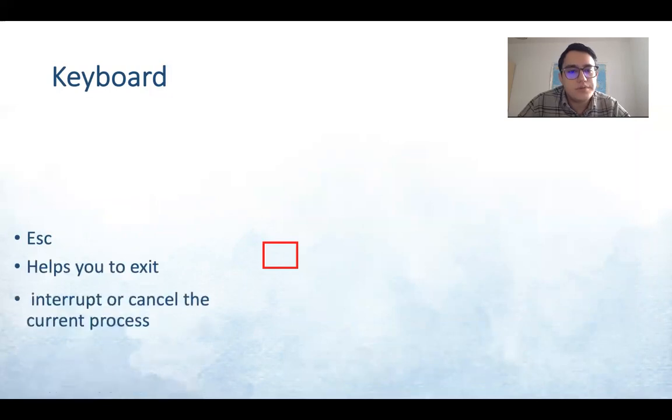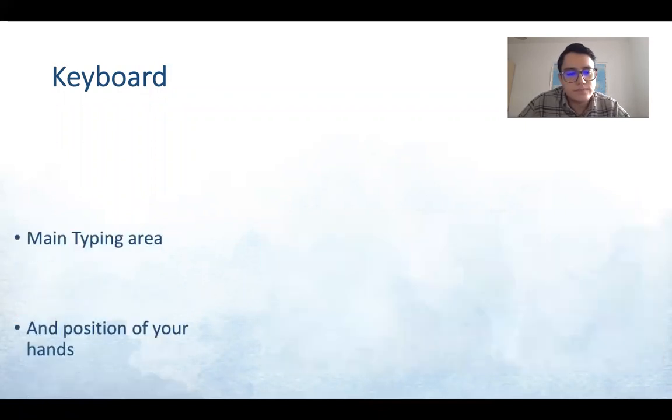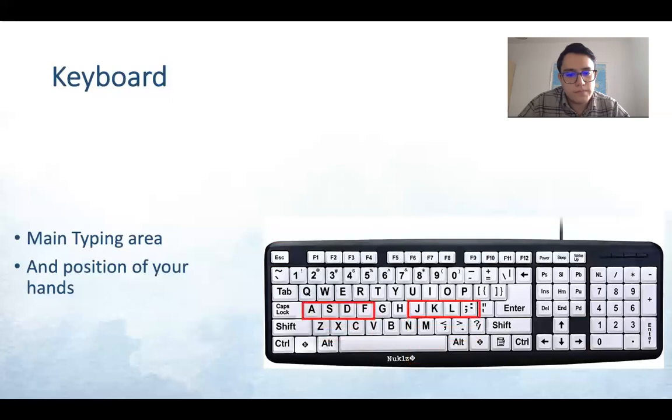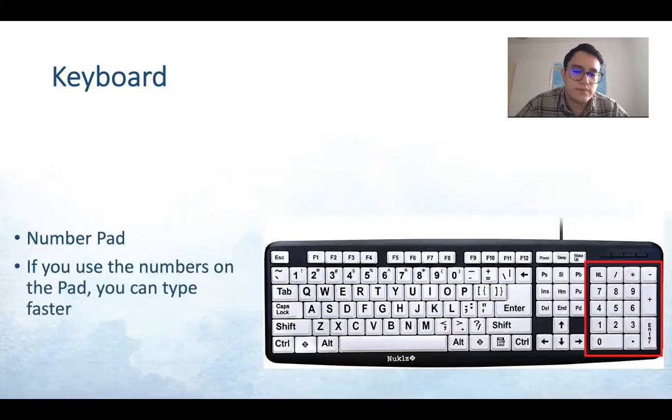The keyboard. This is the escape button, which helps you to exit, interrupt, or cancel the current process. This is the main typing area, which your fingers should be positioned at. So all your fingers, all 4 fingers should be there. Number pad.